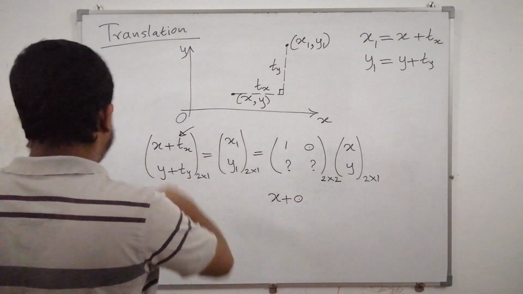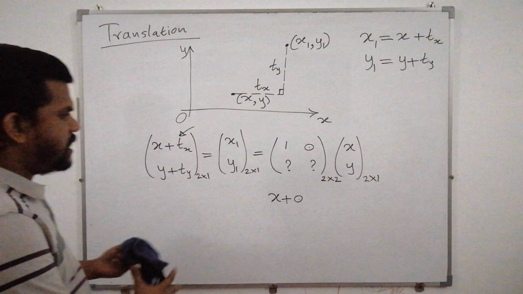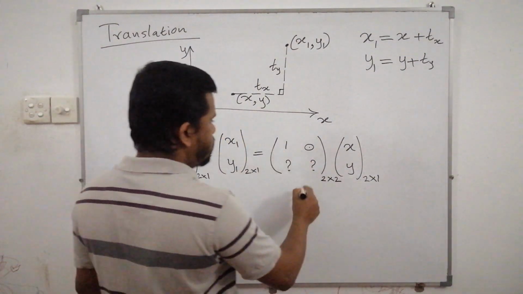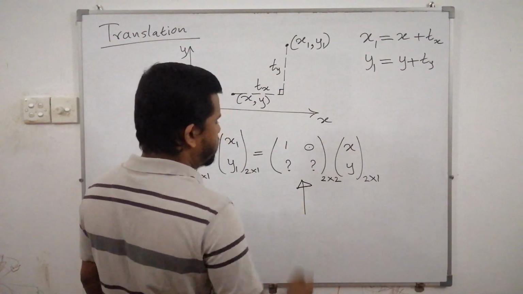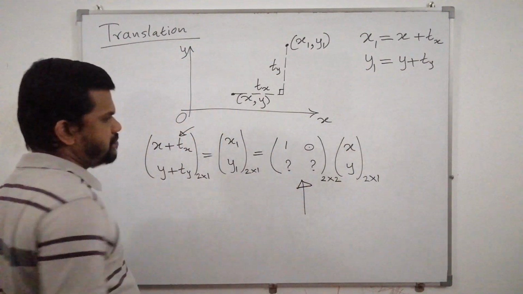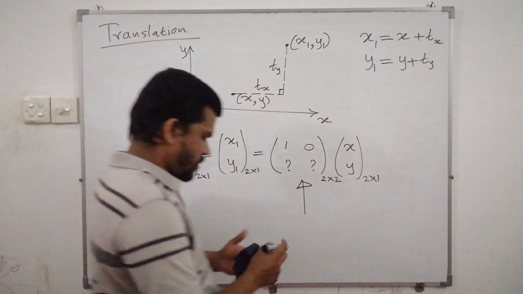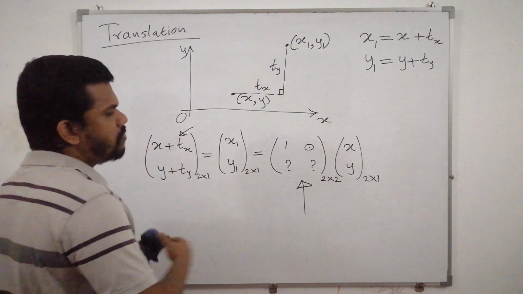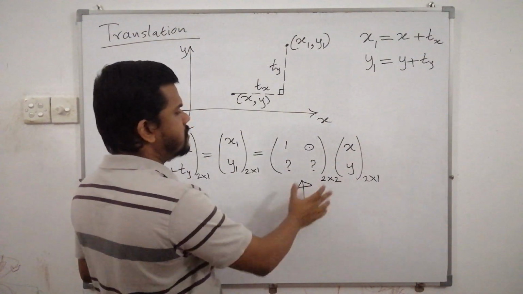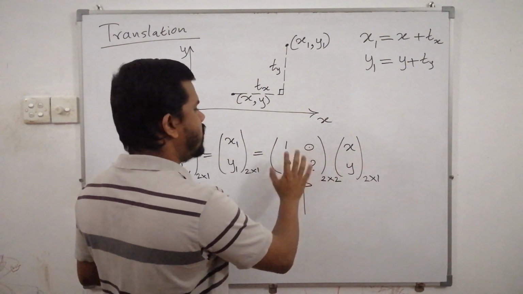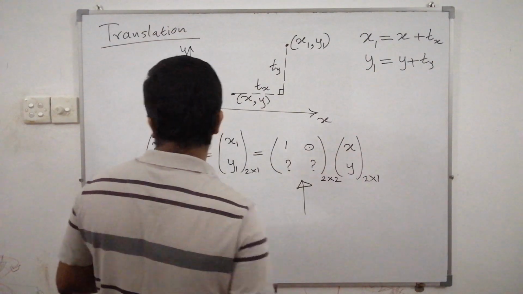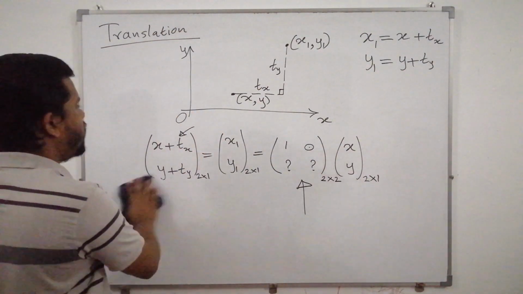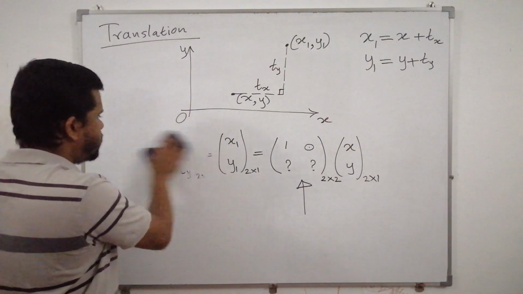We cannot get tx. Therefore, now we can understand we cannot find this kind of a matrix. Therefore, what should we do? We cannot find a 2 cross 2 matrix such that if we multiply these two matrices, then we can get this one. Therefore, we have to apply a trick.